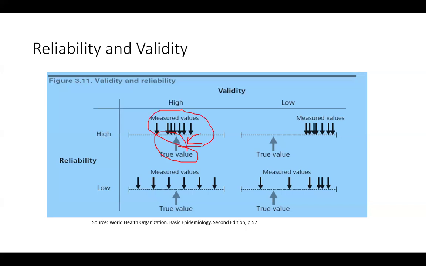The variation is not that high. They do vary, but still they vary around each other and next to the true value. So this is high validity and high reliability, and this is usually what we aim for most of the time.